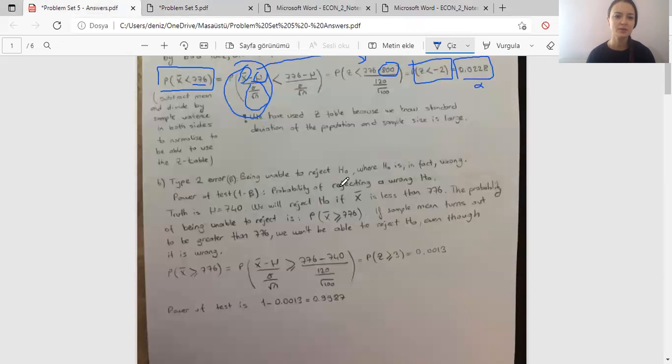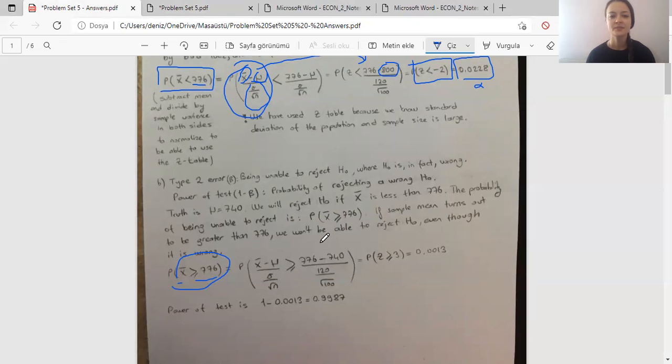So how can we do that? We are writing the criteria again. Our sample mean should be greater than 776 in order not to reject the hypothesis. So we are normalizing this thing. We are subtracting the mean and divide the sample mean standard deviation.